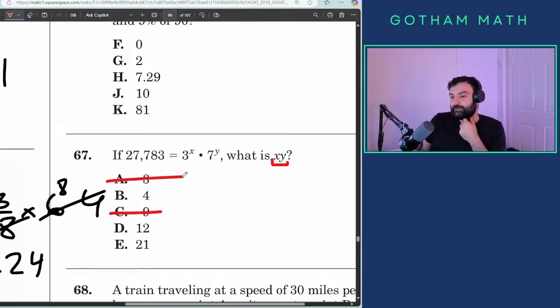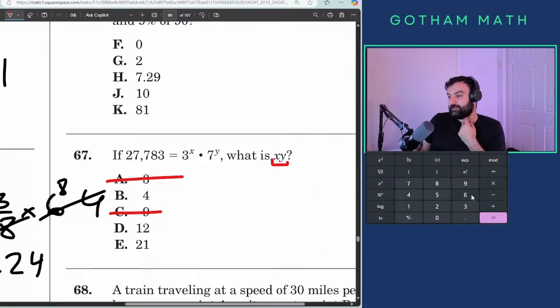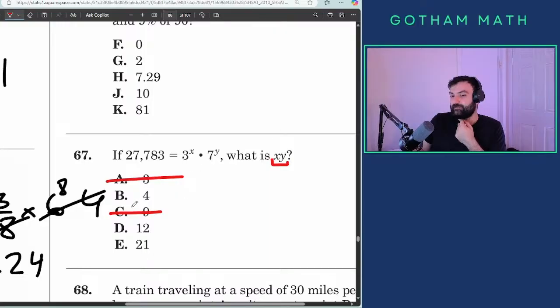It's not going to be 3 for sure. 4 is also not big enough unless 7 times 7 times 7, 49 times 49, basically 7 to the 4th power, right? That's 2,400, and then if we even do it times 3 to the 1st power, it's not going to give us anything even close. So I think it's D or E.